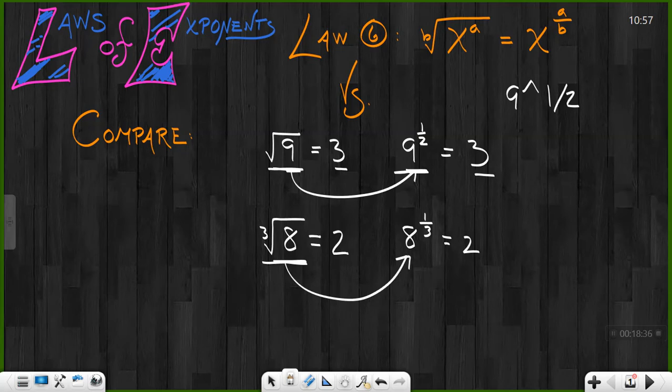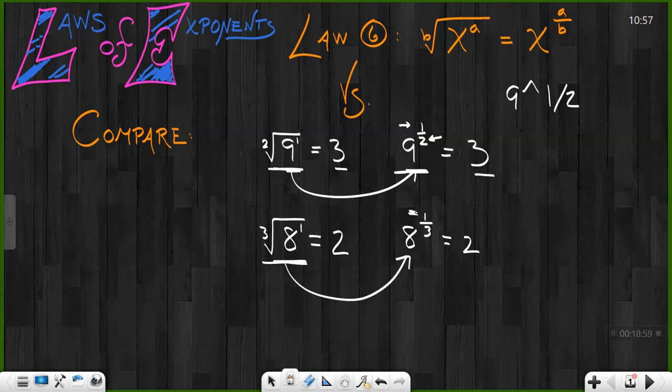Well, if that's the case, where do these fractions come from? Take a look at what was originally on our numbers. 9 originally had an exponent of 1. And we are taking the square root, which is assumed to have a 2 out front. Well, the 1 became my numerator, and the 2 became my denominator in my fraction. Take a look at the next example. We had 8 to the 1st and the cube root.